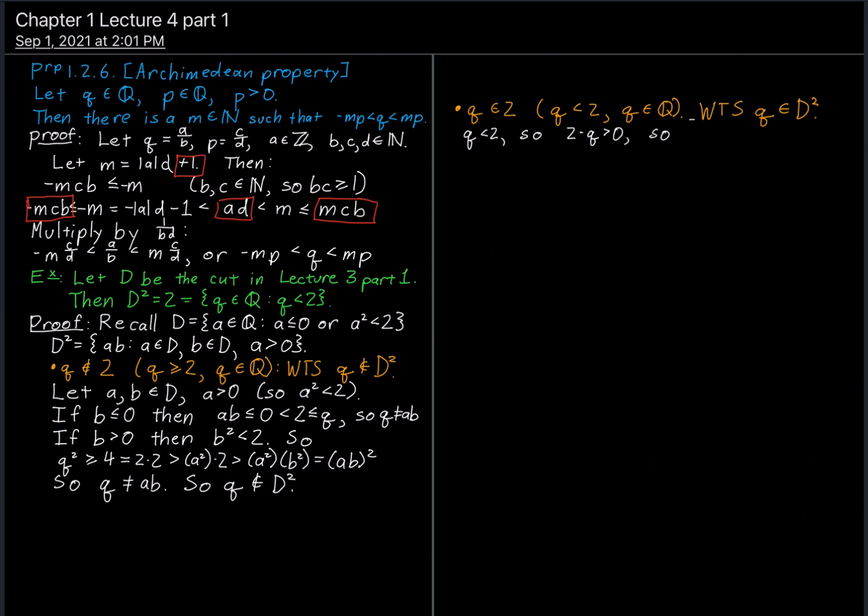So this number, 5 over 2 minus q, that is a rational number. We are not dividing by 0.